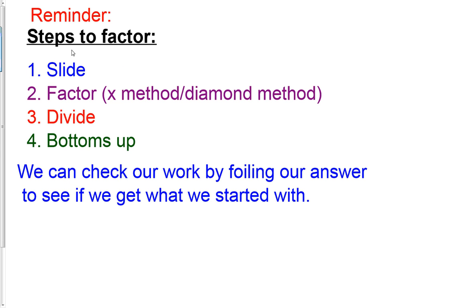We did the front number times the last number to get the top part of our x, and then we factored by finding the two numbers on the left and right of our x. Then we divided by the leading coefficient if it was something besides 1, and if we had to, we brought the bottom up, divided, and put it into x plus a number, x minus a number. We can always check our work by multiplying at the end to check that you get the original.